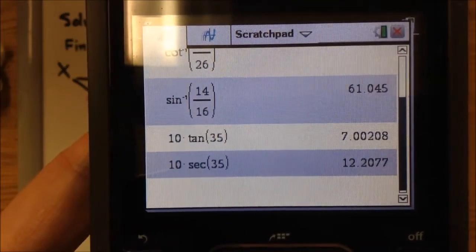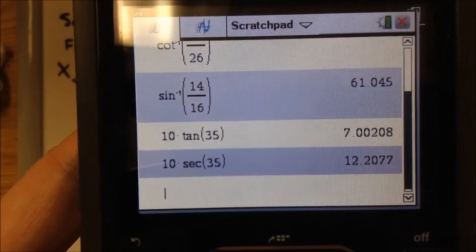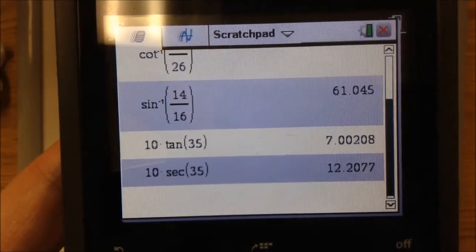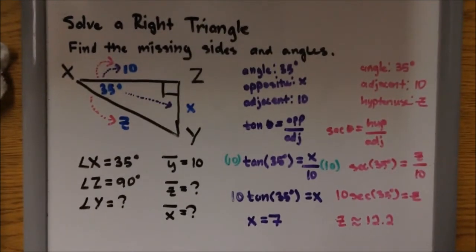It's 12.2077, so if I were to round, it's going to be approximately 12.2. So z is approximately 12.2. So that is our side measurement. Let me box that up.